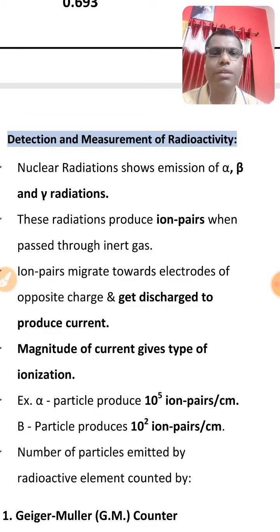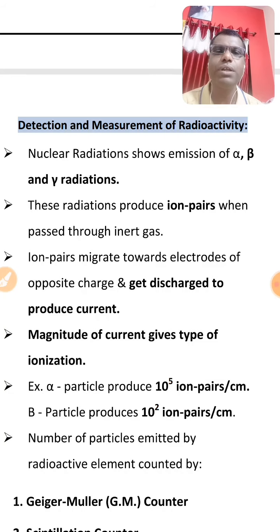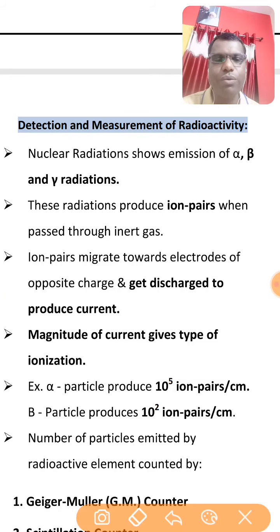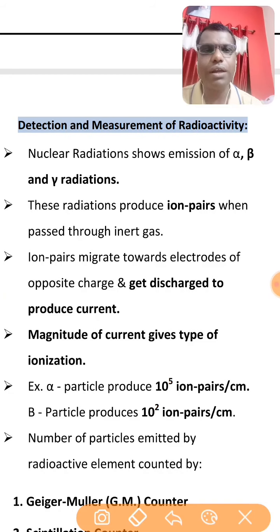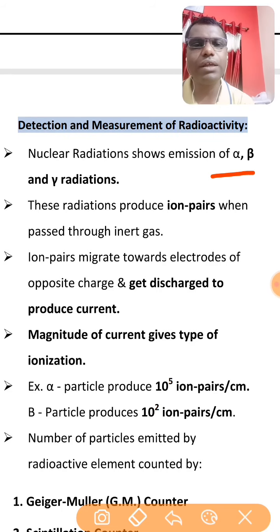In the earlier lecture we discussed that various types of radiations are emitted by different radioactive elements based upon their mass number and atomic number. Those radiations may be alpha radiations, beta radiations, or gamma radiation.